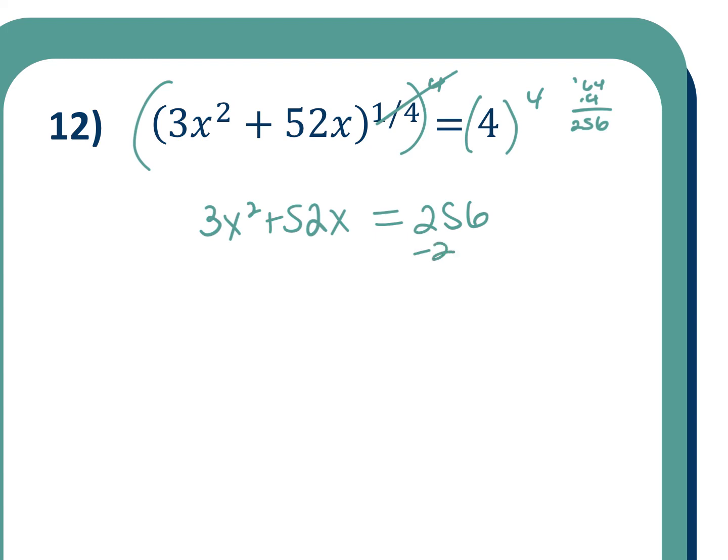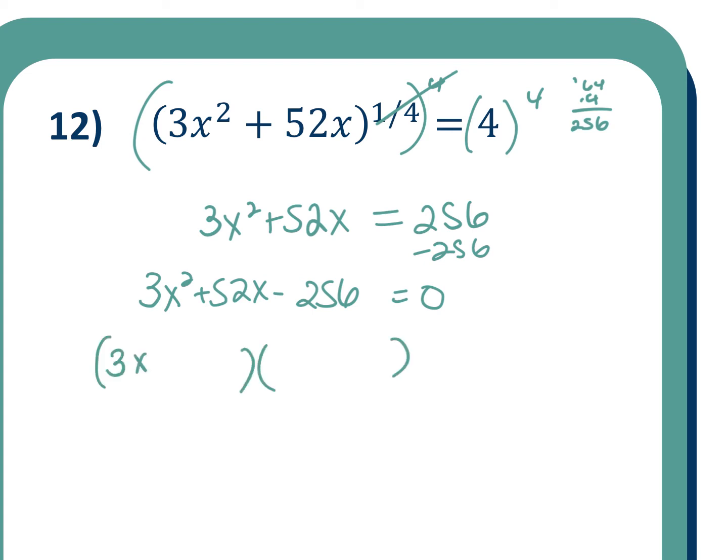Then I subtract this: 3x squared plus 52x minus 256 equals 0. Oh, I'm going to cheat. This factors, and then it would be positive 64 and negative 4. You'd have to multiply the 3 times the 256.